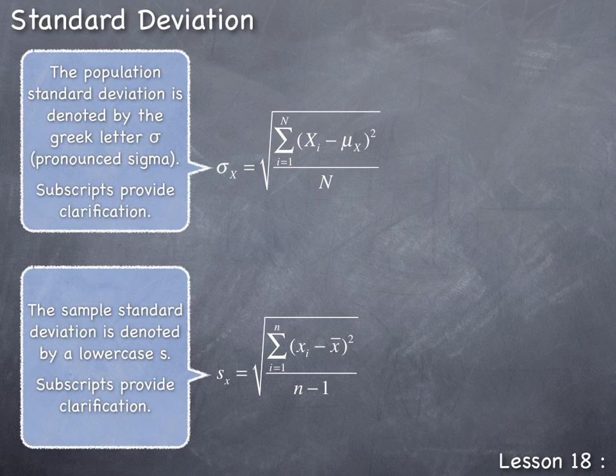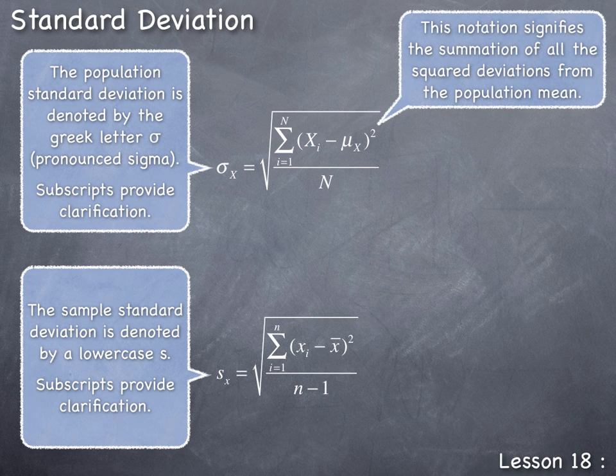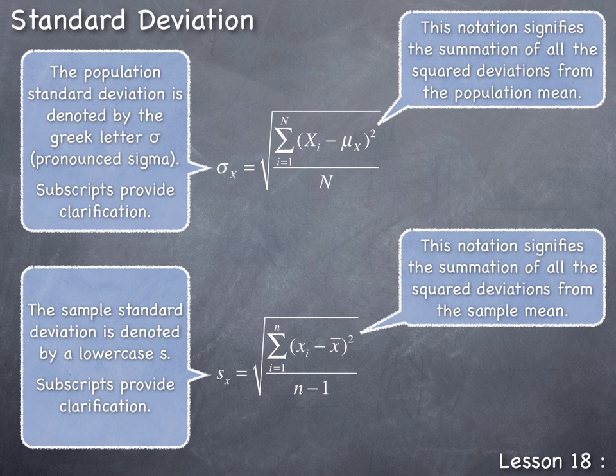Now, in the calculation of the population and sample standard deviations, we have this use of summation notation, where these notations refer to the sum of the data values minus the means. In the population version, it's the capital X, population data values, minus mu sub x, the population mean.